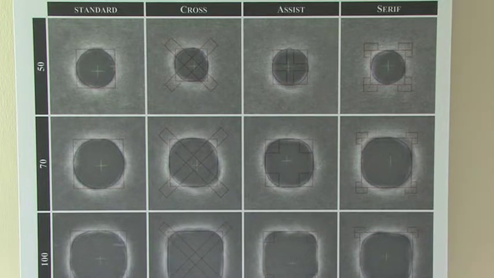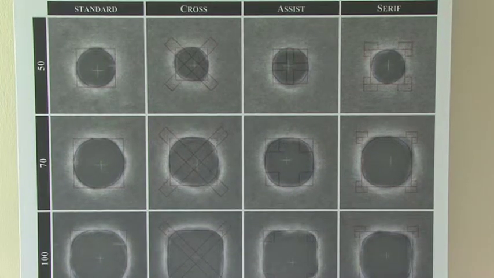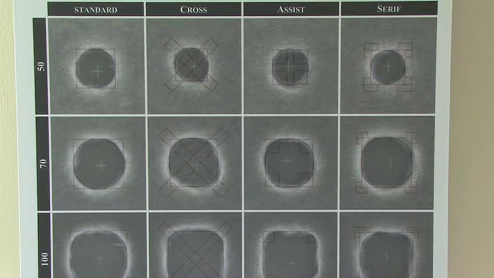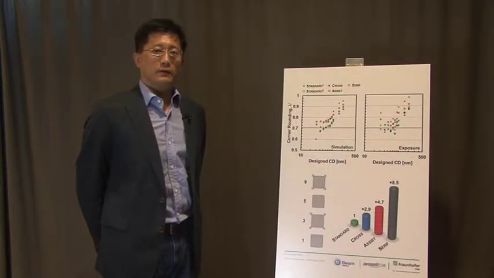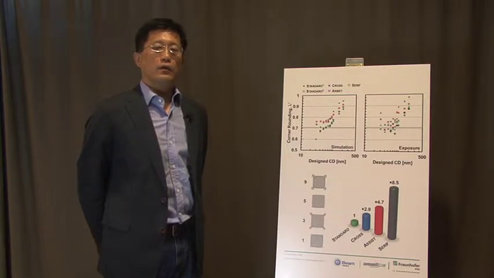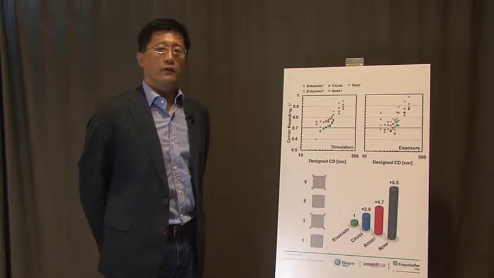But what you can recognize here is that when the design CD is smaller than 50 nanometers, none of the correction methods is properly working, which means that the exposed image and simulation contour are well matched as circular forms.